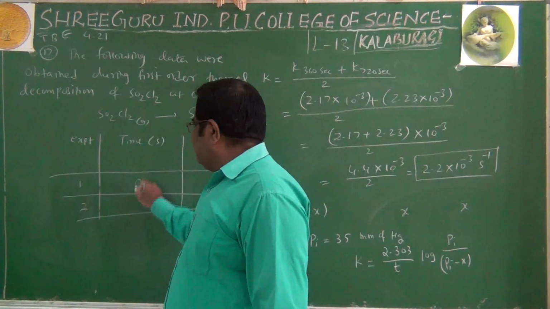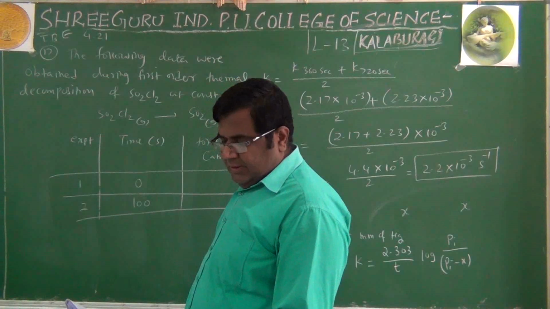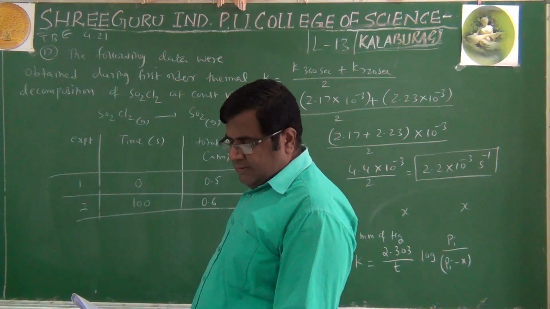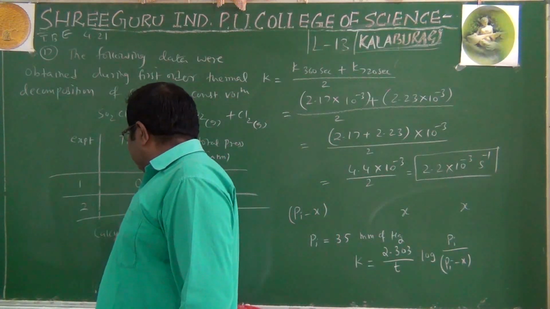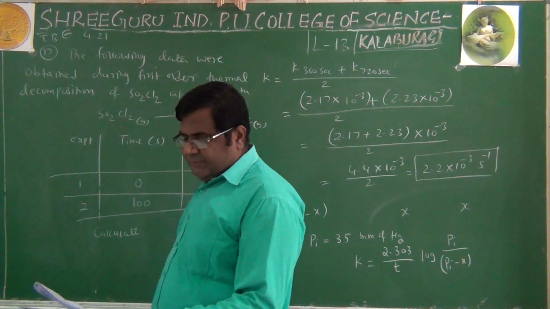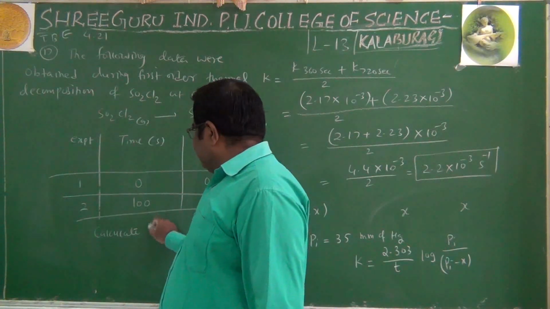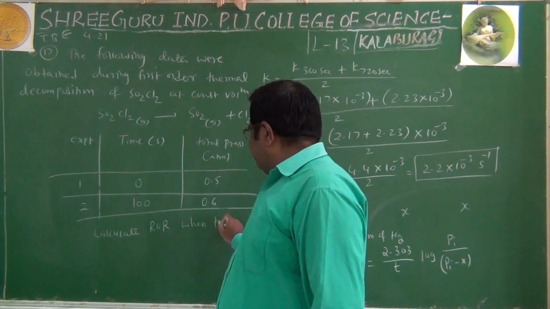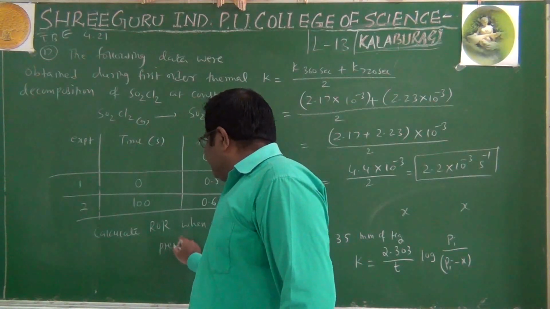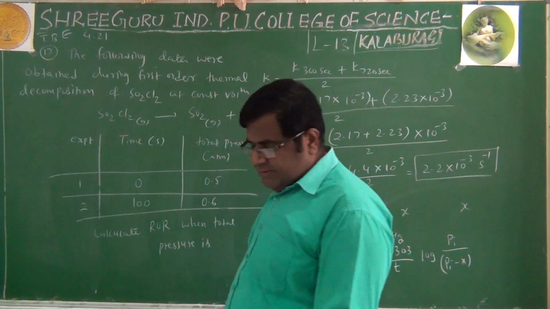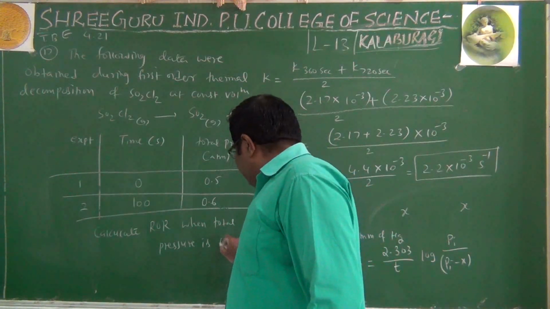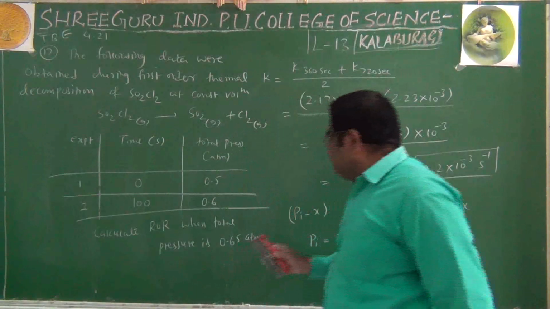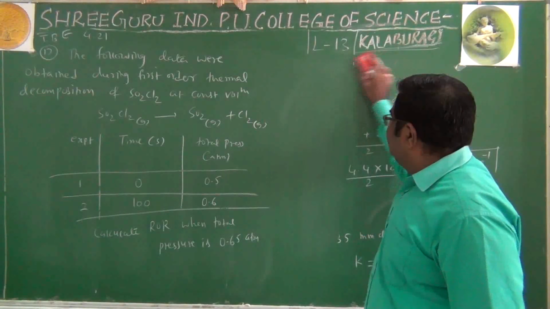The time is 0 and 100 seconds, and the pressure is 0.5 and 0.6, and they said calculate the rate of reaction when total pressure is 0.65 atm. This is the question before us.